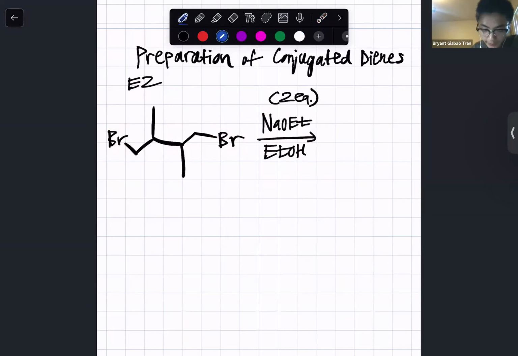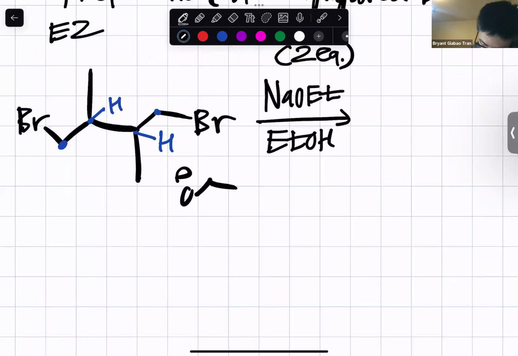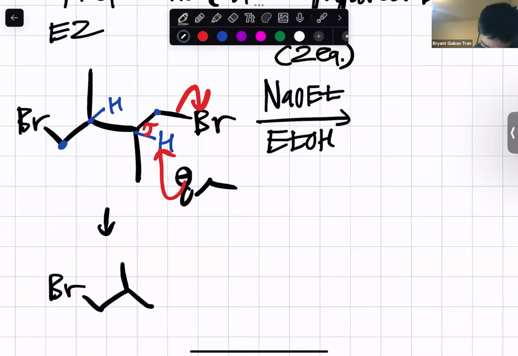So let's locate all the beta hydrogens. This is the alpha carbon. This is the beta hydrogen. Alpha carbon, beta hydrogen. If we use one equivalent of the ethoxide, we could grab that beta hydrogen, make a double bond there, kick out that leaving group. That's an E2 reaction right there.